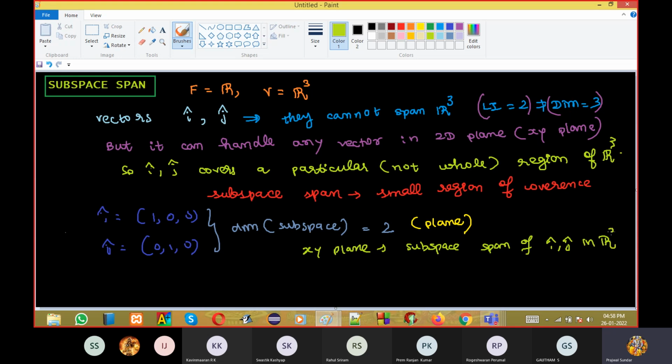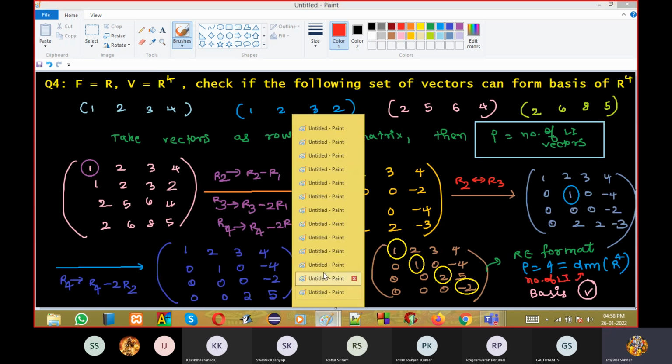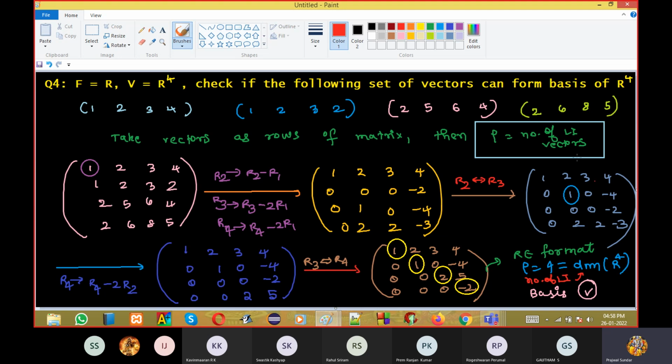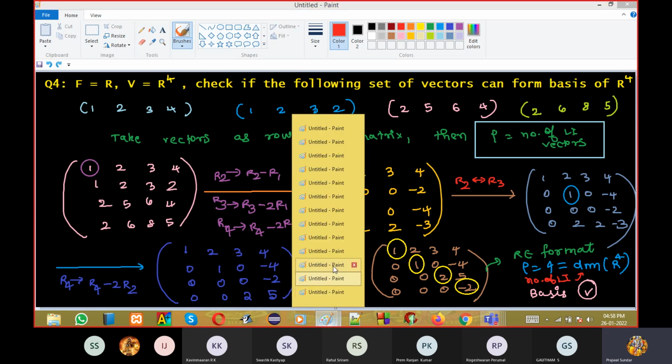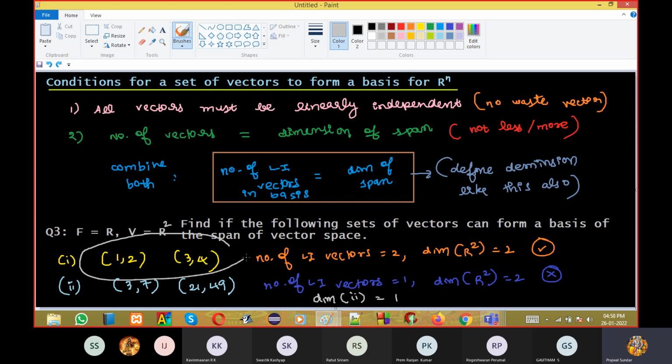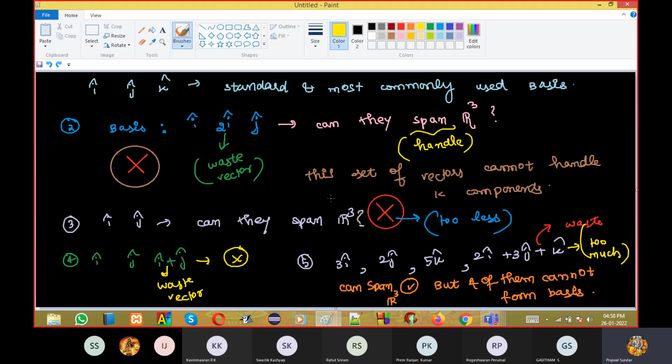Are you understanding what subspace span is? Till now we found all these bases, and these vectors span the full R power 4. If you see this example, it spans full R squared. But if you take this example, it does not span full R squared, it has dimension 1, meaning it spans a particular portion of R squared. In these questions, this cannot span the full R cube.